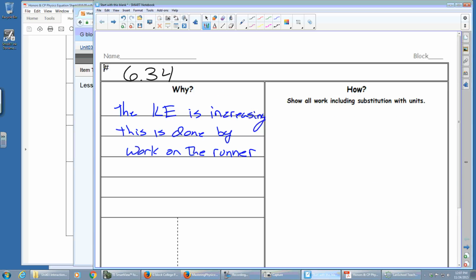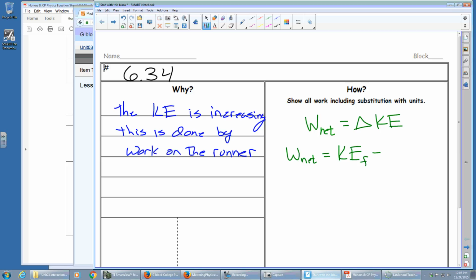Work is not a vector, right? Correct, it is a scalar. I actually don't need to use the definition of work because it just asked me the total work. Is delta initial minus final or final minus initial? Or are they plus? Final minus initial.